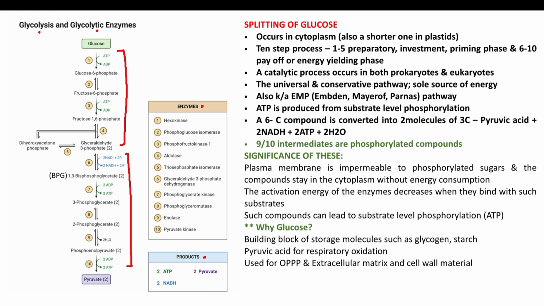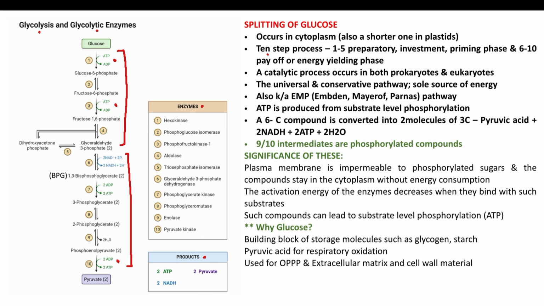And there are other steps which are reversible. So you have these steps, 10 of them. If we look at the middle of glycolysis, we can split this entire pathway, not a cycle, pathway into 2 phases.